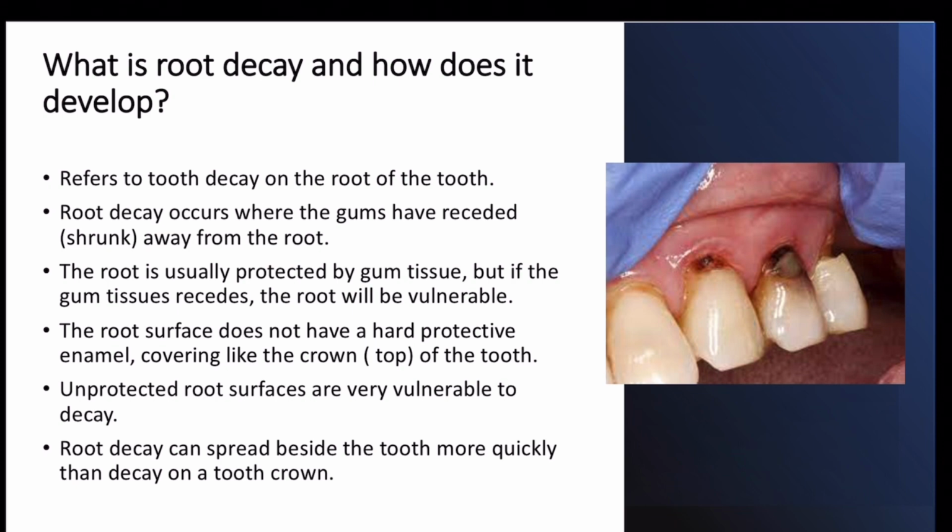The crown has enamel, but the root surface doesn't have such a hard protective layer. Once the root is exposed, the unprotected root surface is very vulnerable to decay, and root decay spreads faster than tooth decay itself.